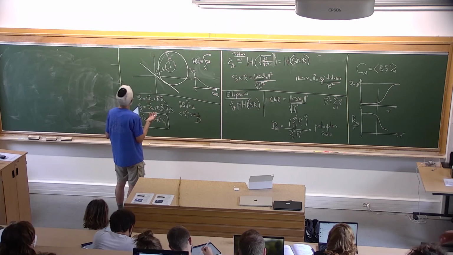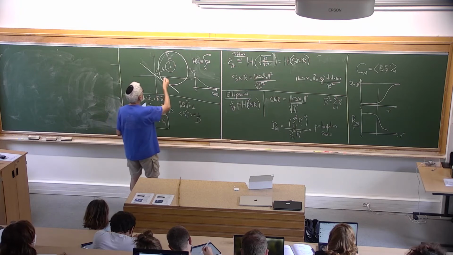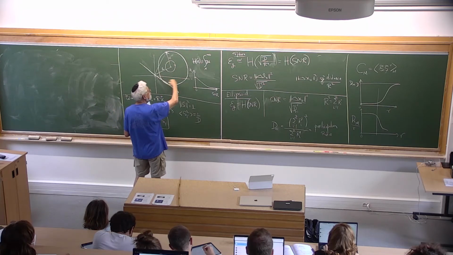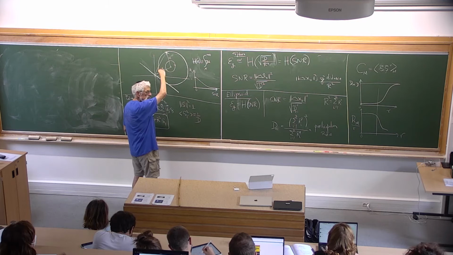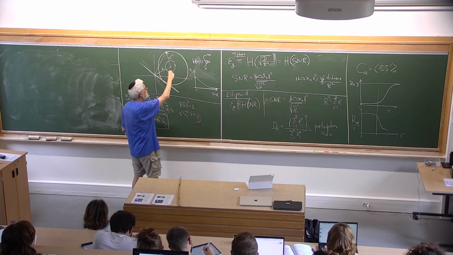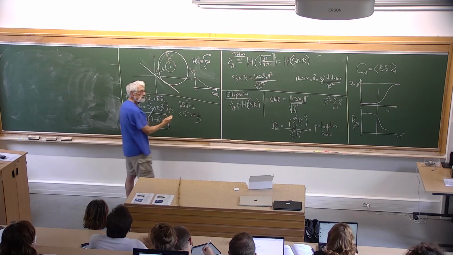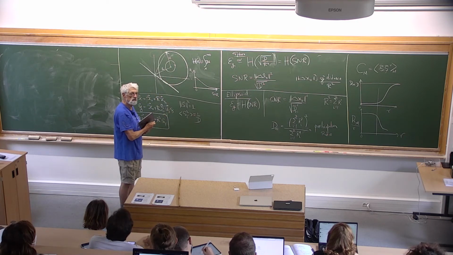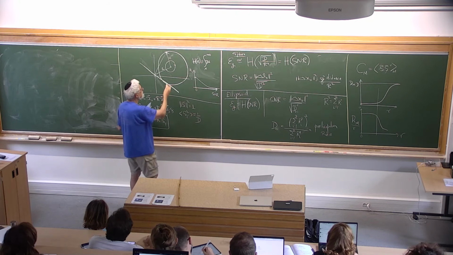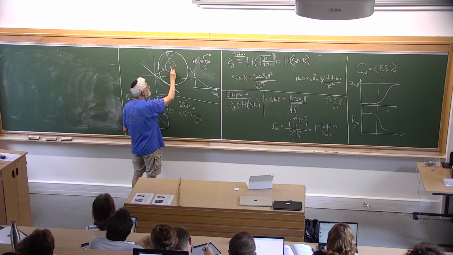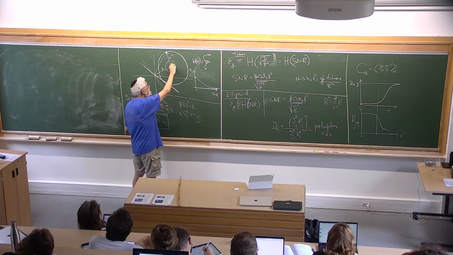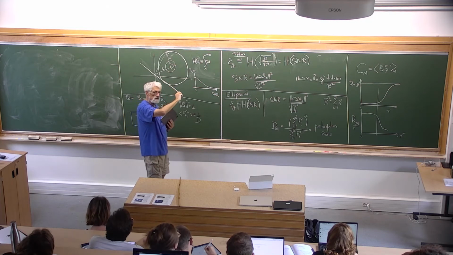But another way of thinking about it is to say, well, I have a random point, the test point, and ask what is the projection of this random point on a given direction, okay? And the answer is it will be Gaussian around 0, but the width of it will be 1 over square root of d.